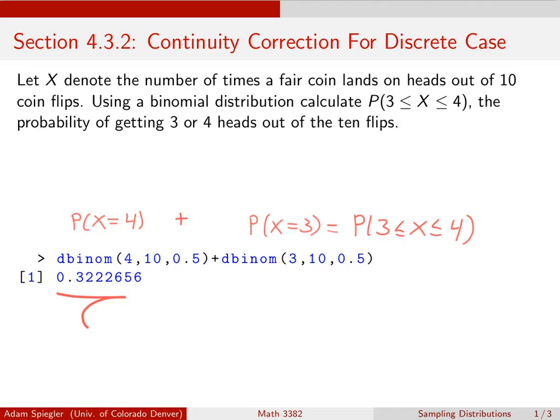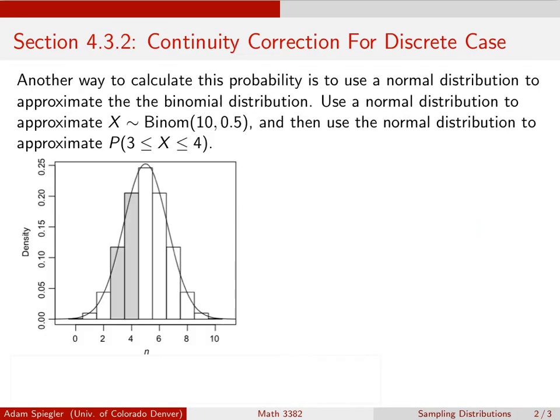And now let's think about another way that we could approximate this using the central limit theorem approximation for this binomial distribution. In this figure, in the background with the bars, we have the binomial distribution. Remember, x, the number of heads that we get, is discrete. So we can only count them being 0, 1, 2, 3, 4, etc. And we can't get a decimal value for the number of heads.